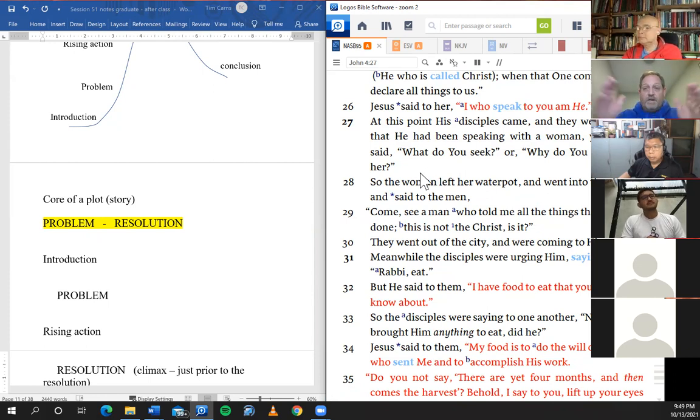Then the resolution is often extended, like David and Goliath. It's not just that he kills Goliath; he cuts off his head, all the Philistines flee, and David is exalted and rewarded.